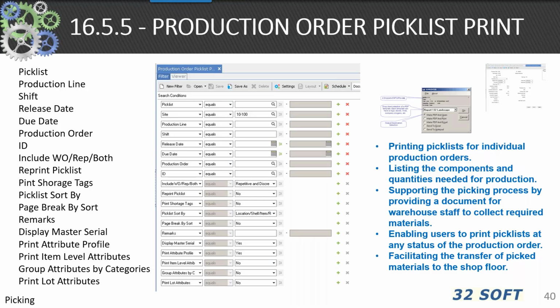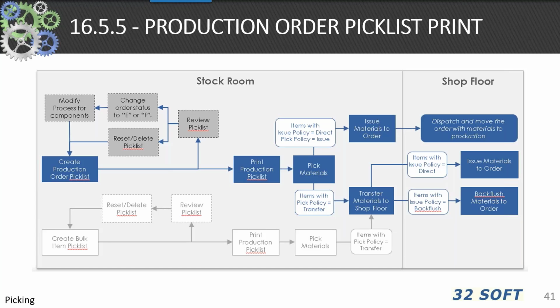The 16.5.5 supports the picking process by providing a document for warehouse staff to collect required materials and enables users to print pick lists at any status on the production floor and facilitates the transfer of picked materials to the shop floor. Again, depending on your internal structure, you will probably want to print the pick list or bulk print pick list.